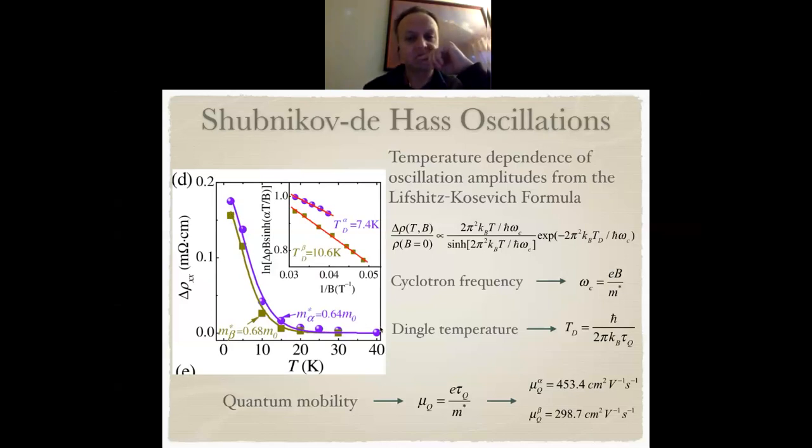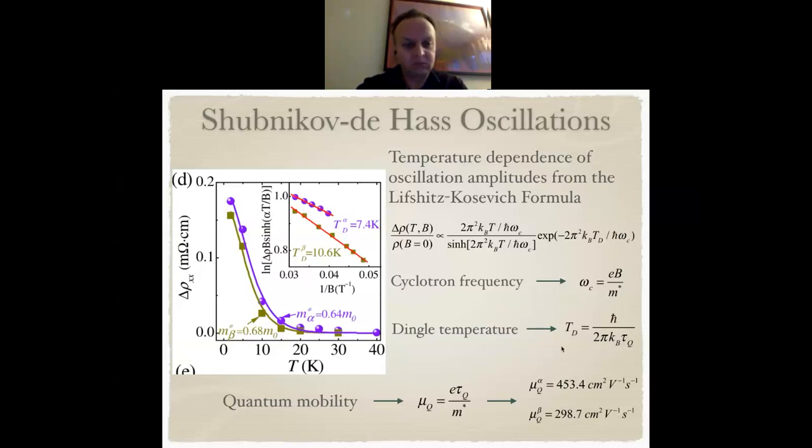And you can fit it using this equation to get the cyclotron effective mass, this m star of each band. And you can also do what's called a Dingle plot. So you're basically rearranging this equation so that when you fit a line to these points, the slope is the Dingle temperature, which is this TD right here.